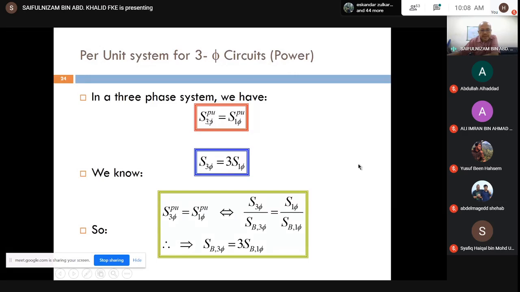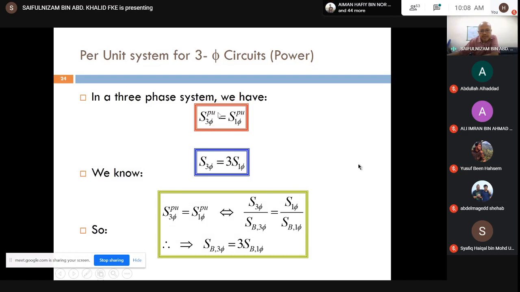So S 3 phase in per unit is similar to the S 1 phase in per unit, the apparent power. In the actual value, the S 3 phase is 3 times the S 1 phase. This is the actual value.